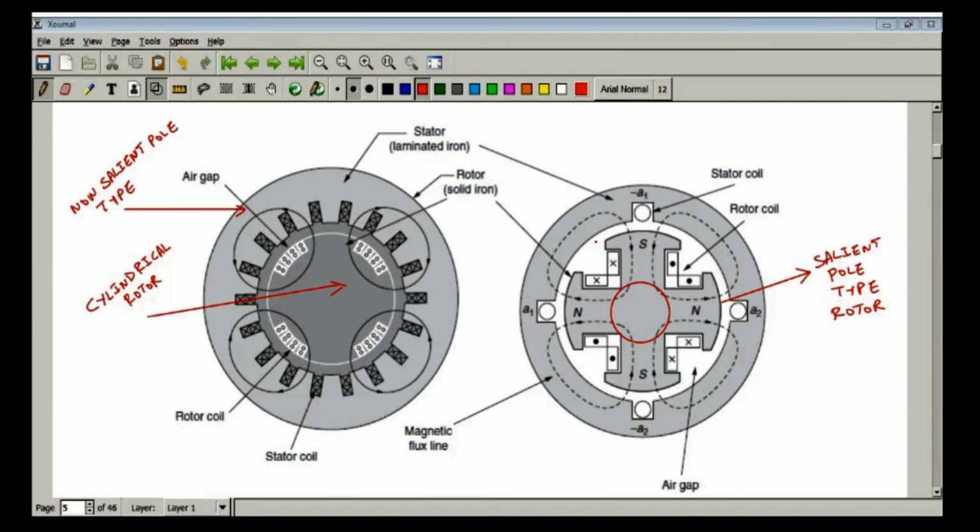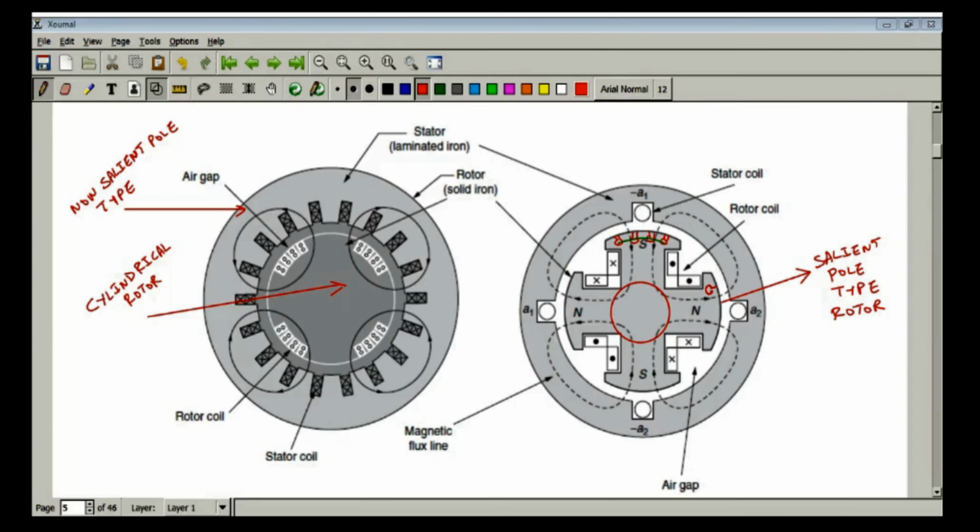Now you can expect that there will be damper bars over here, like the way I am showing. These can be the damper bars embedded in the pole faces, and obviously these damper bars need to be shorted so that current can flow through them, and this shorting will be at both ends, not only at this end but at the other side also.